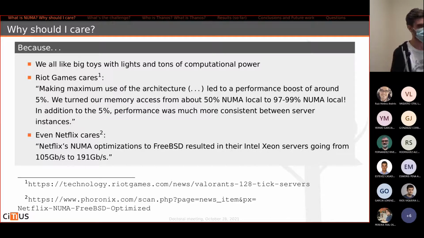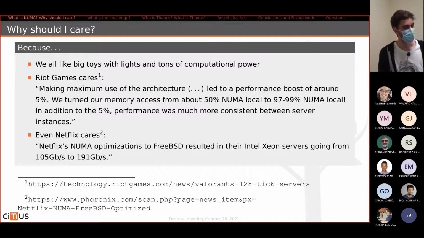Well, the first reason is very obvious, because we all like having new toys with a huge computational power, where we can throw bigger simulations or make our current simulations even faster. But there is also some interest in companies to increase the performance of this kind of systems.